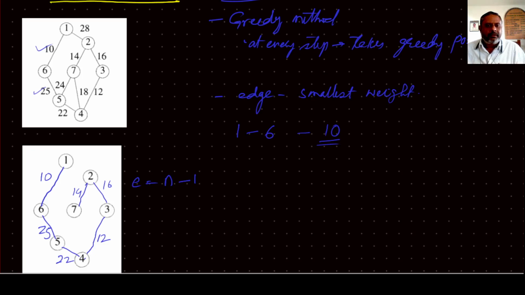For 5, there were two options, 24 and 22, and it has taken the smallest one. For 4, there were two more options, 12 and 18, and it has taken 12. 3 had only one option, and 2 had two options, 28 and 14, and it selected 14. So that makes the tree 10, 25, 22, 12, 16, and 14. Yes, the greedy method works, and that is exactly the same spanning tree we had found using Kruskal's method also.